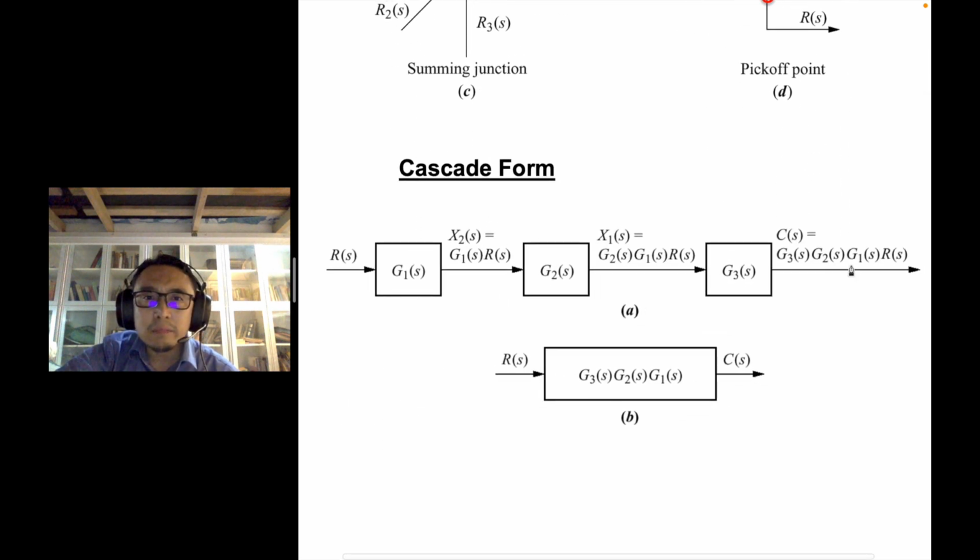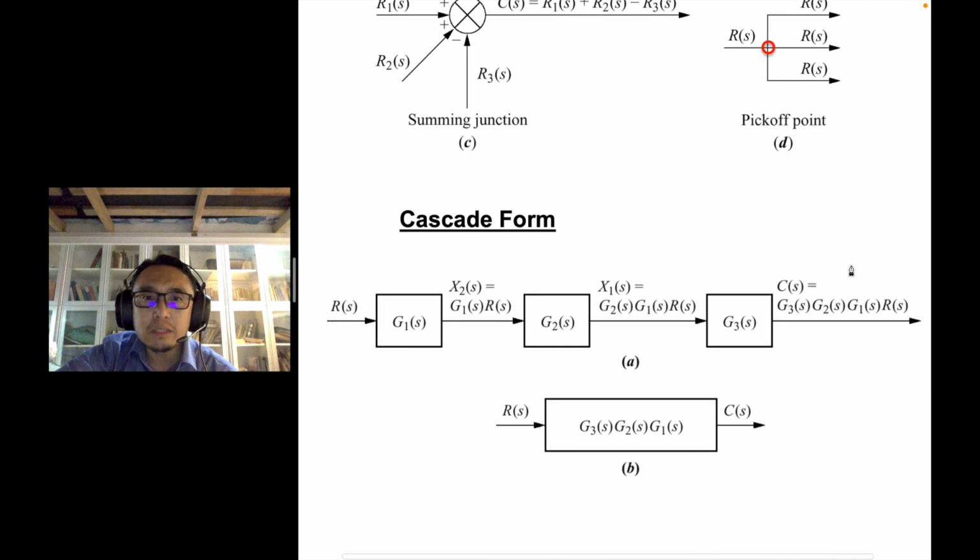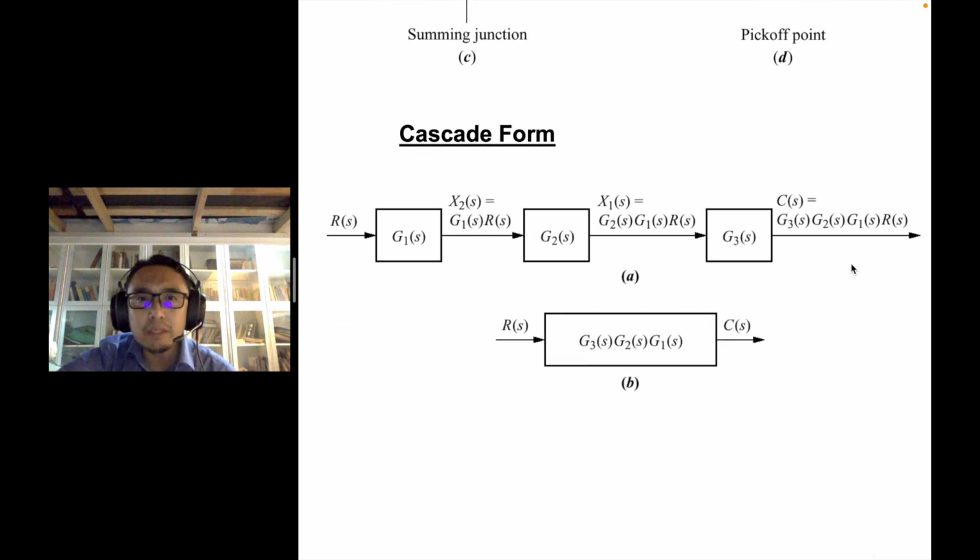Okay, let's look at the first form. Form means a typical structure for a block diagram. The first form we will be looking at is the cascade form. In this case, you have three subsystems, G1, G2, and G3, connected in what we call series, so we call it cascade form.